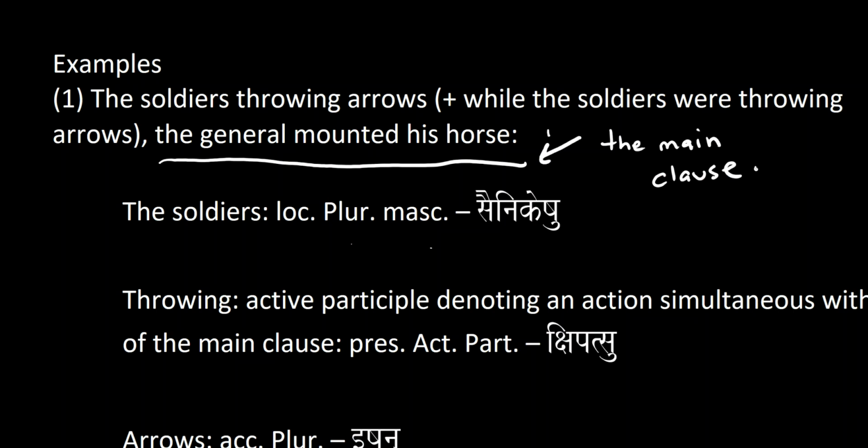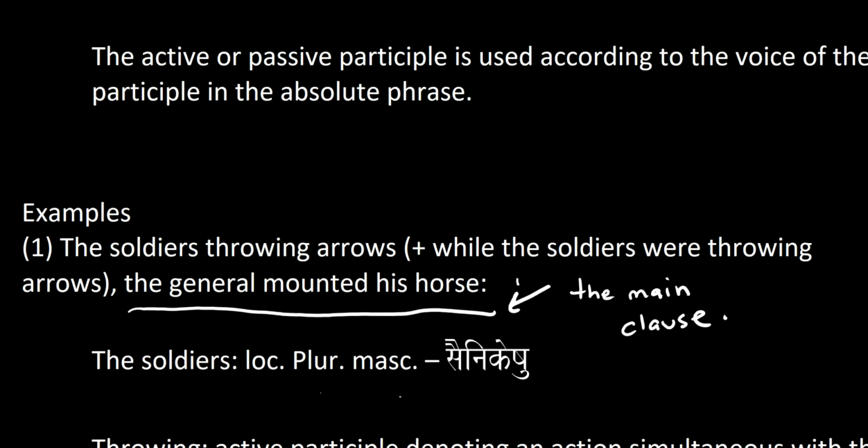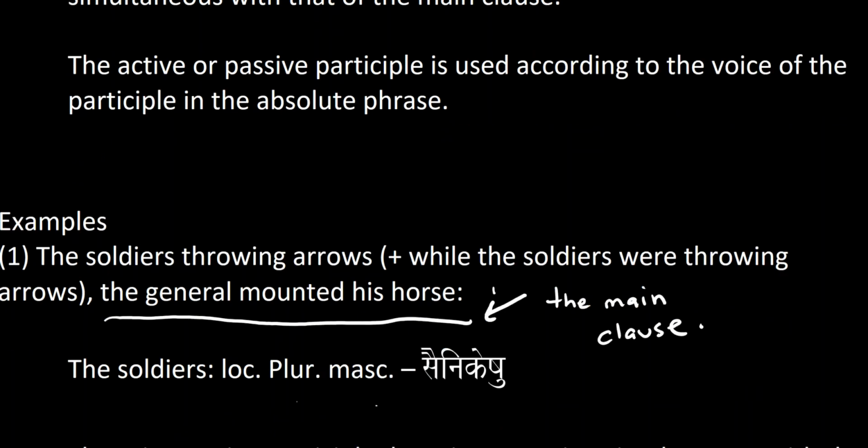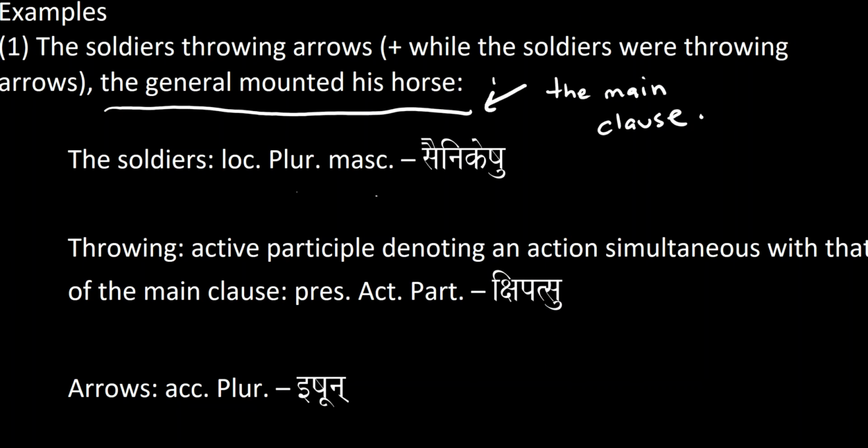That's just something to add in as a detail into the sentence. But the main clause is that the general mounted his horse. So again, going back, the present participle is used if the action of the absolute phrase is simultaneous with that of the main clause. So that's why you're using the present participle here, because it's happening while the general is mounting his horse.